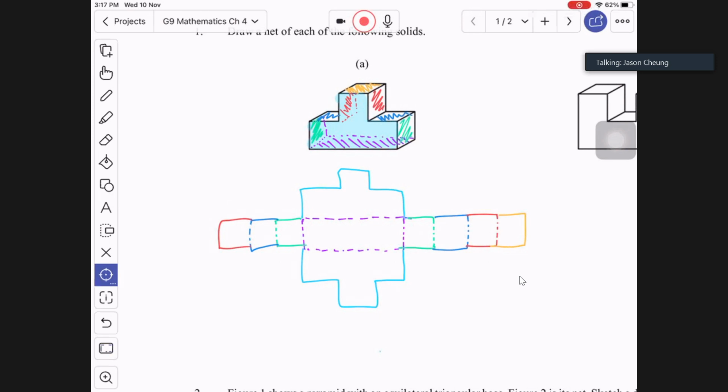All right. And also, you can also use an eraser to form the dotted line. And one more thing. There are many possible solutions. This is not the only one. Sorry, there are many possible solutions. Here is one of the possible nets. 所以咧，譬如你話你畫咗其他喎，it is also okay.